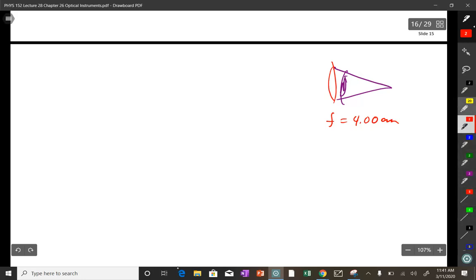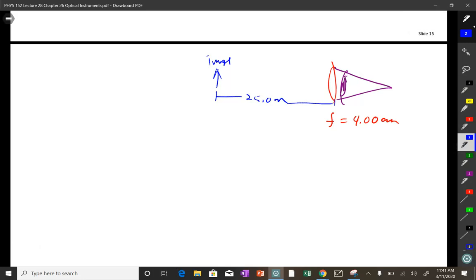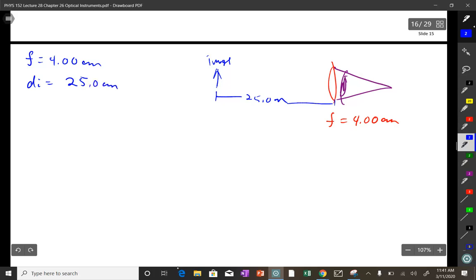And that we have the image at 25.0 centimeters away. That's what the problem tells us. And so the first step is identifying, okay, f was easy. f was 4.00 centimeters. For the image distance, the magnitude was 25.0 centimeters, but the sign is negative because it's on the same side as the object.